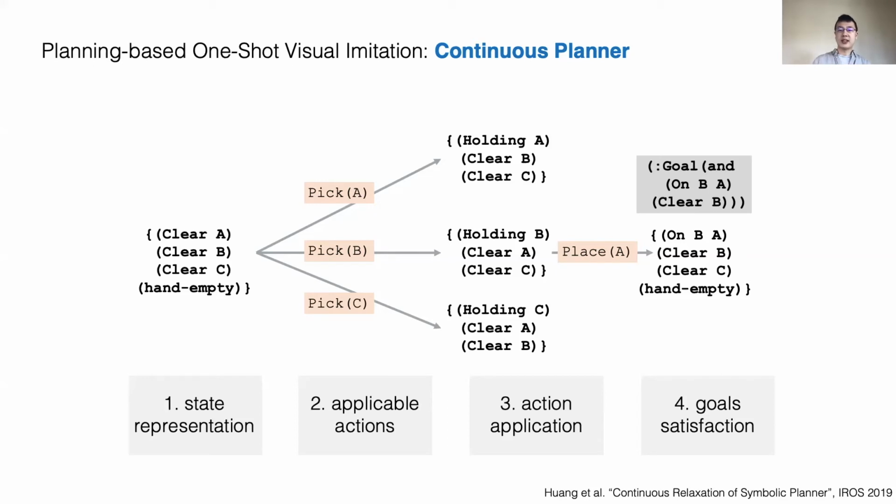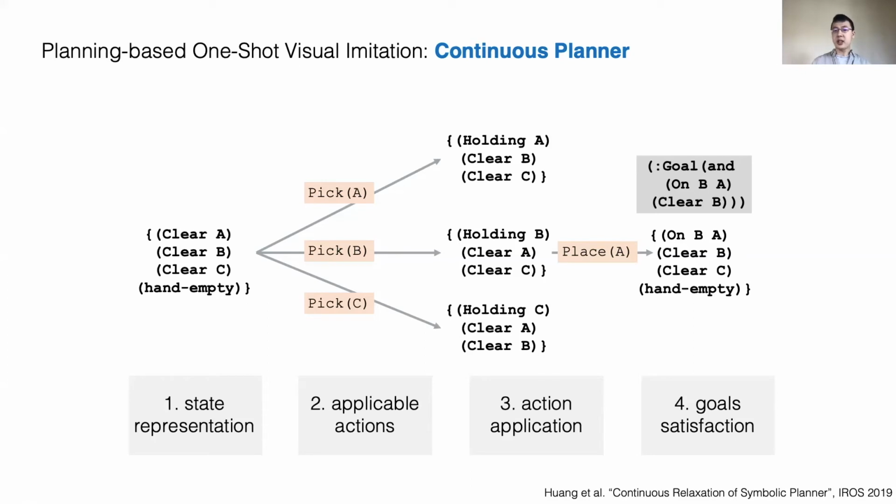Then we can select the applicable actions from the domain by looking at whether the preconditions are satisfied, so that the action can be taken at each step. Once we pick an action, we can apply it to make changes to the current symbolic state and lead to a new symbolic state. And finally, we can check if the goal is satisfied by checking the current symbolic state against the goal specification.